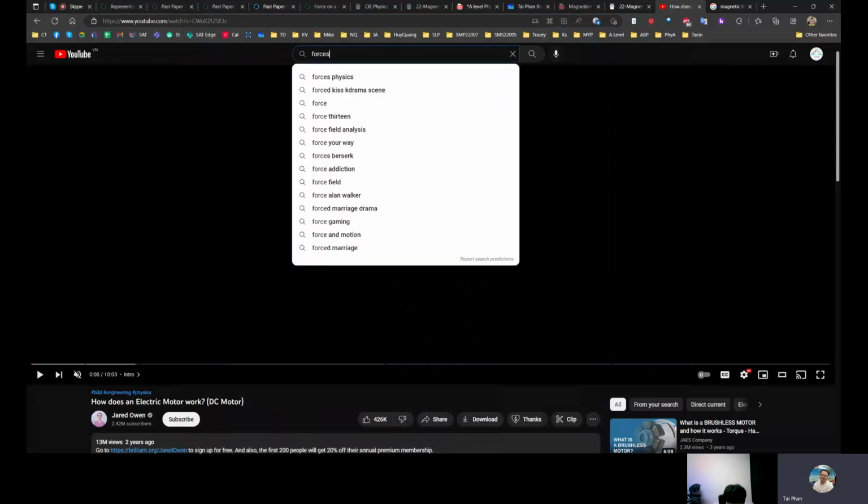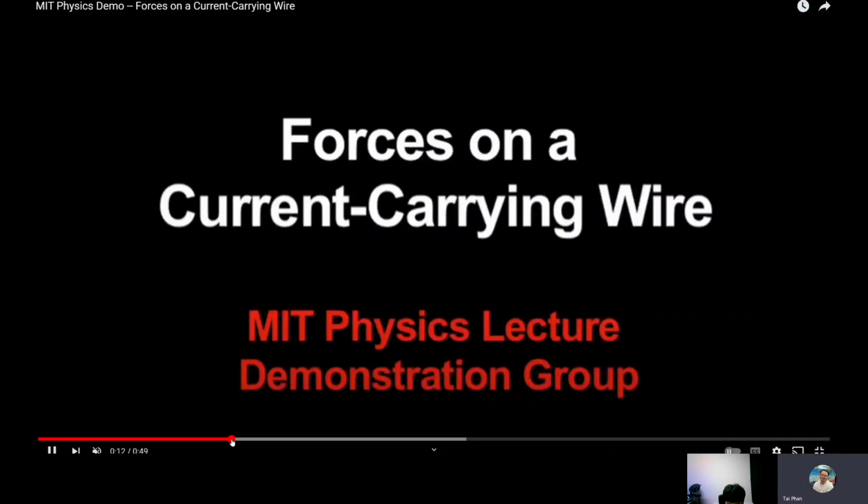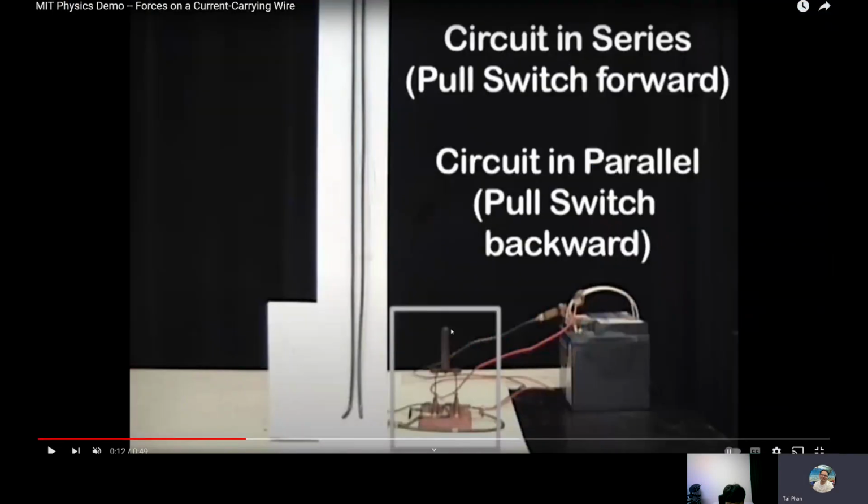Forces between two currents. They have a mechanism here, a switch, so that when they put the switch forward, the circuit is in series, which means the current will run up in the right wire here, and then continue running in the same direction, which is downward on the other part of the wire.